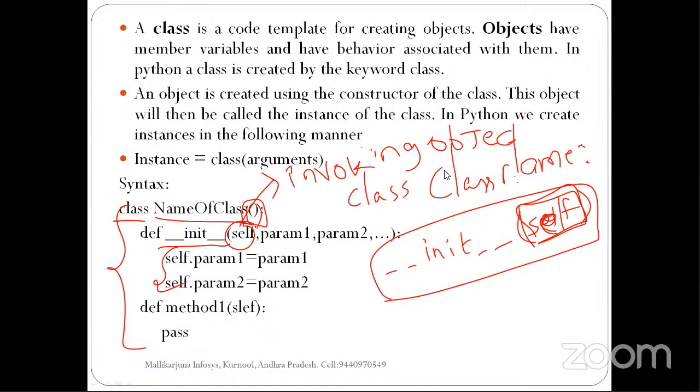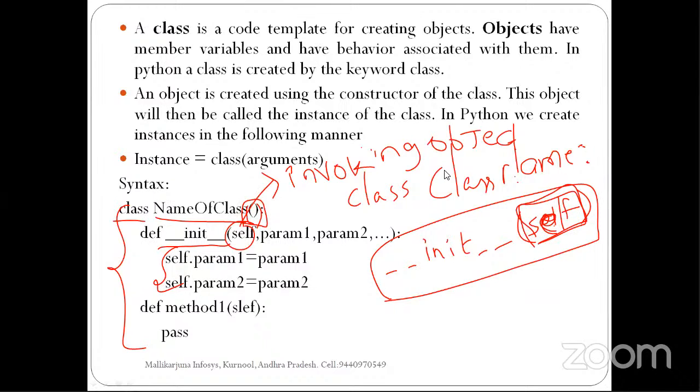Here the class is, in a general definition, a blueprint of an object. When you define an object, you can't directly define the object. You're not supposed to write the program for every object. What you do is implement one blueprint. For example, civil engineers give us one blueprint to construct a house.